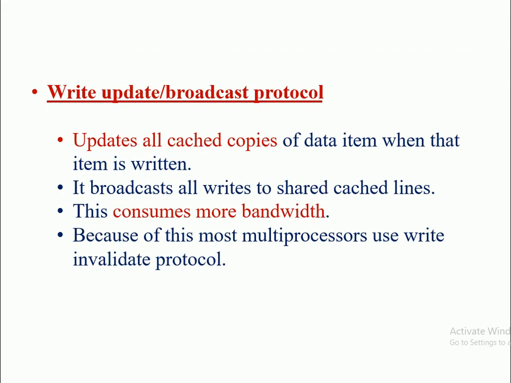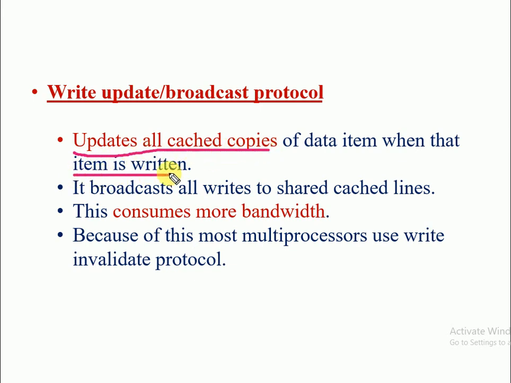Now the second thing is write update or broadcast protocol, the second stage. Write update or broadcast protocol. While writing, it will invalidate all other current copies. Now second stage, it should update all cached copies of data item when that item is written.